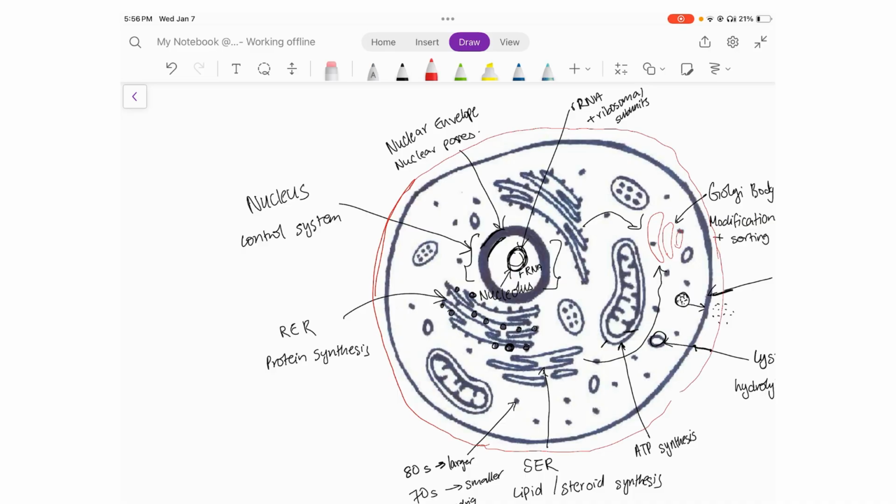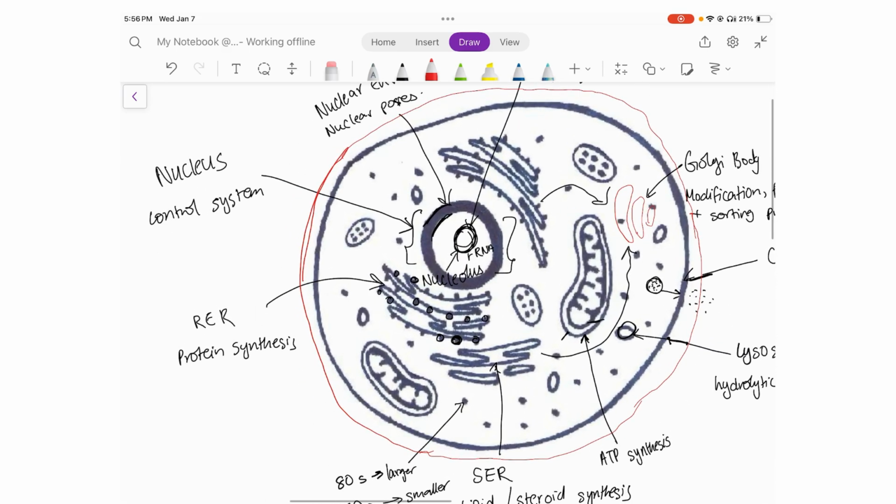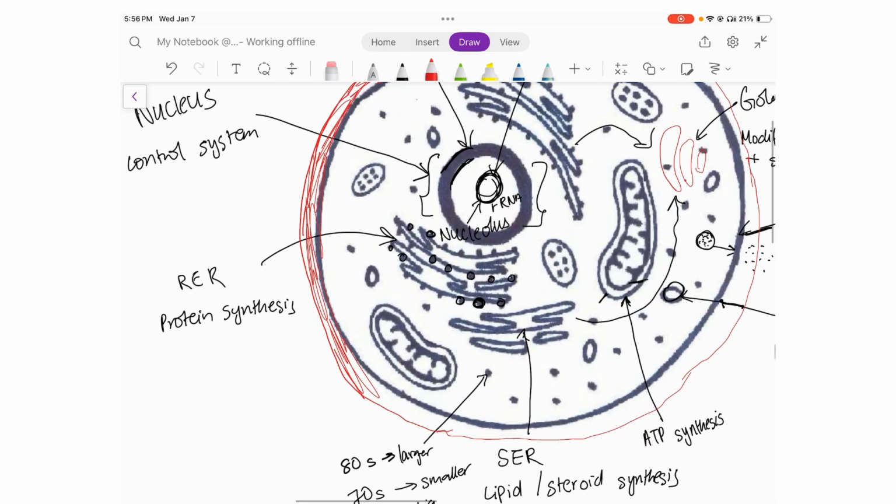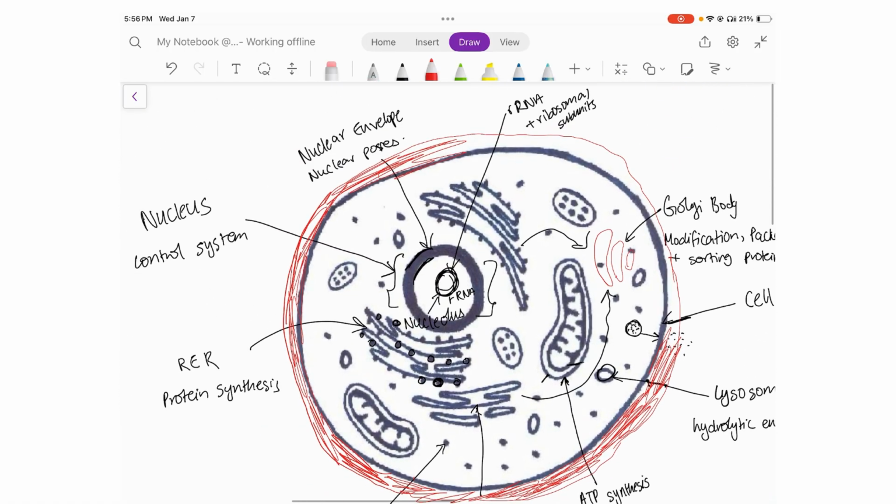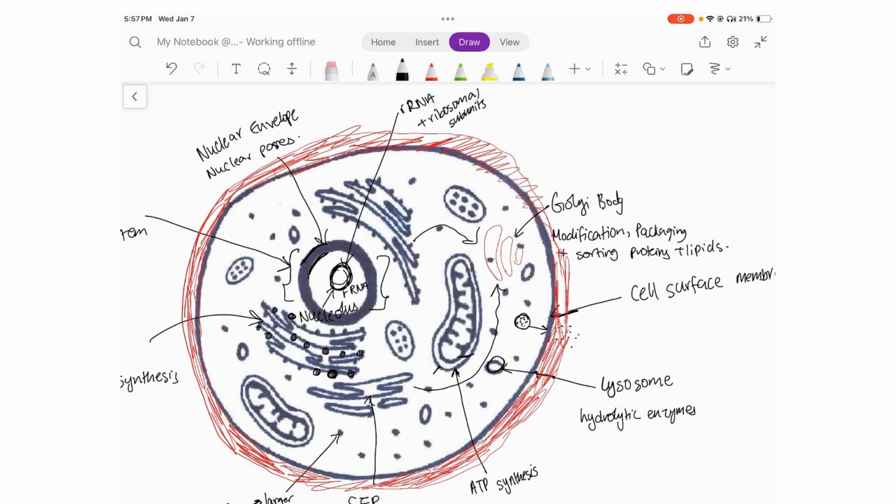So this extra layer right outside is known as a cell wall.